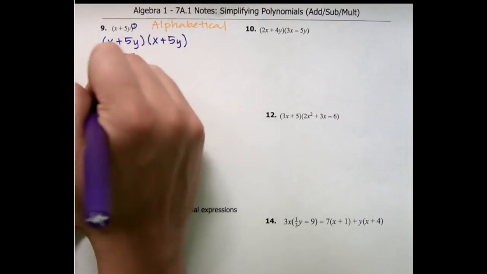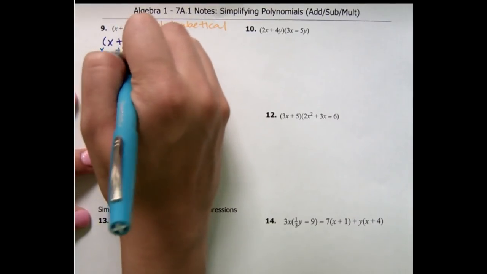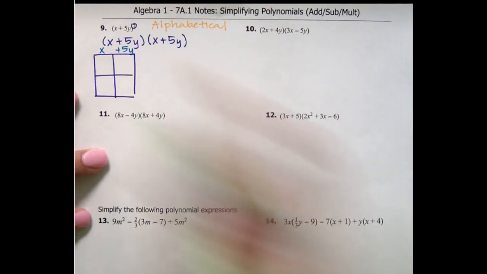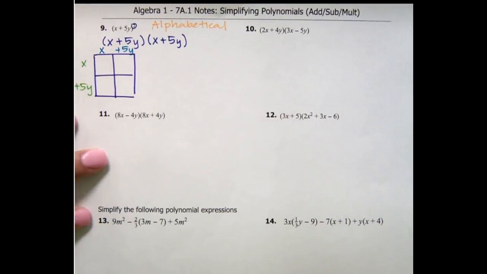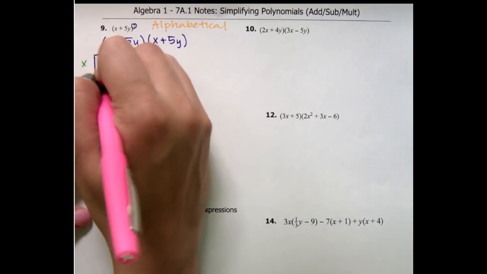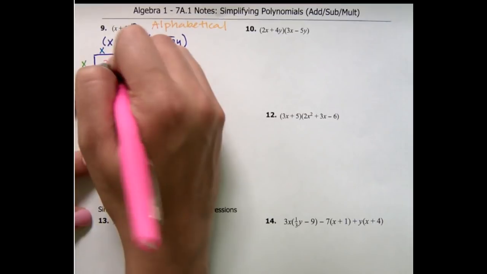So, box method, x plus 5y, x plus 5y. x times x, x squared, x times 5y is just 5xy.